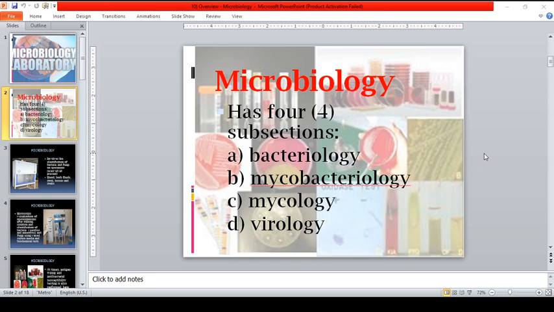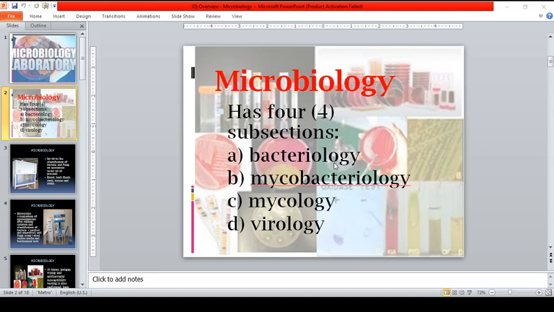But for some hospitals or laboratories, they refer to this as the bacteriology section because they only process specimens or tests related to bacteriology. So, yung tinetest na lang nila ay mga bacteria, okay?